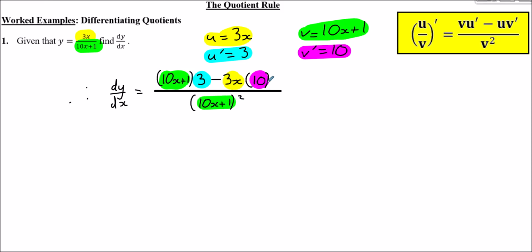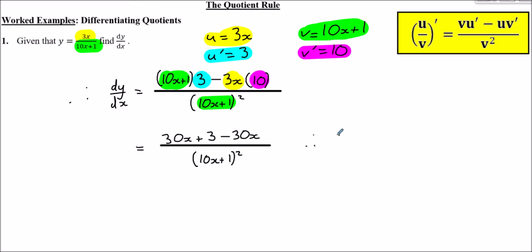We just need to simplify this top. So multiplying this by 3 gives us 30x plus 3, but obviously minus 3x times 10 is minus 30x, all over 10x plus 1 all squared, and obviously you can see now the top's going to simplify very easily indeed.